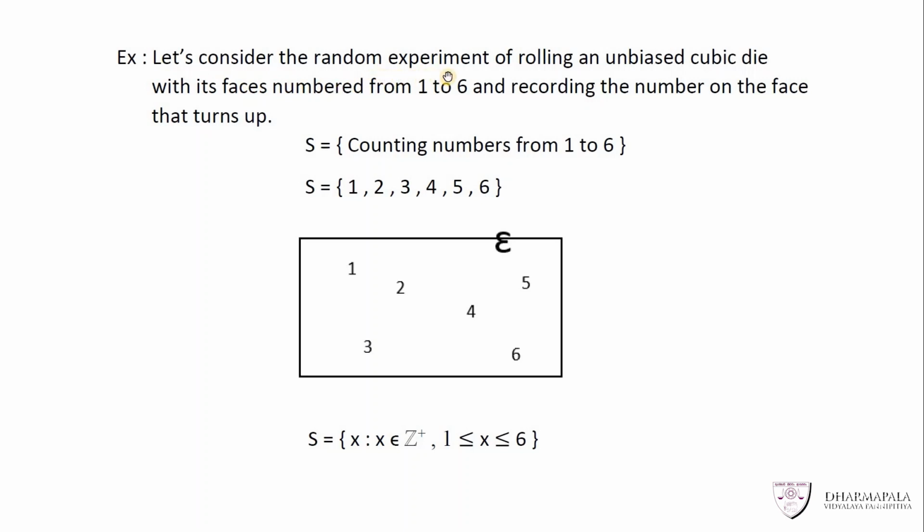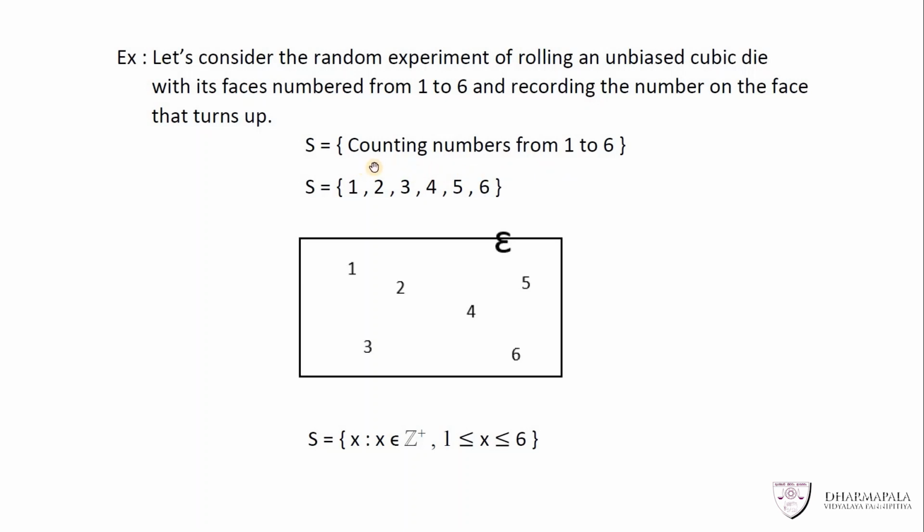Let's consider the random experiment of rolling an unbiased cubic die with its faces numbered from 1 to 6 and recording the number on the face that turns up. We discussed this experiment earlier also. We can represent the sample space as a description.